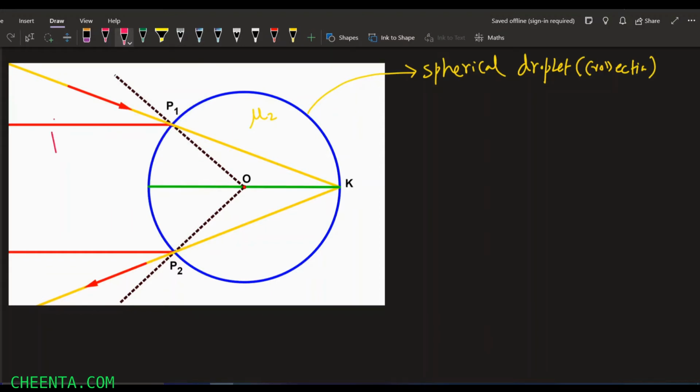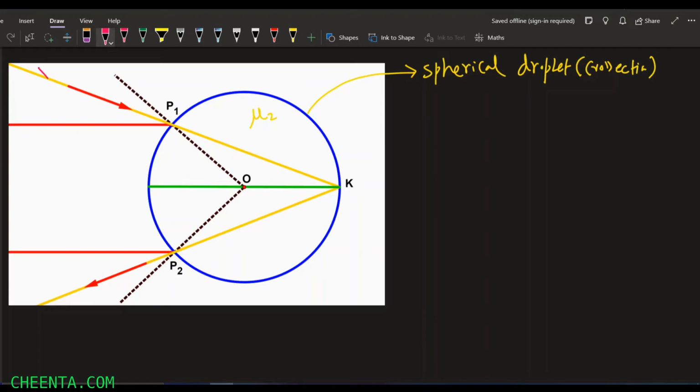Now these two lines, this one and this one, are parallel to the horizon.